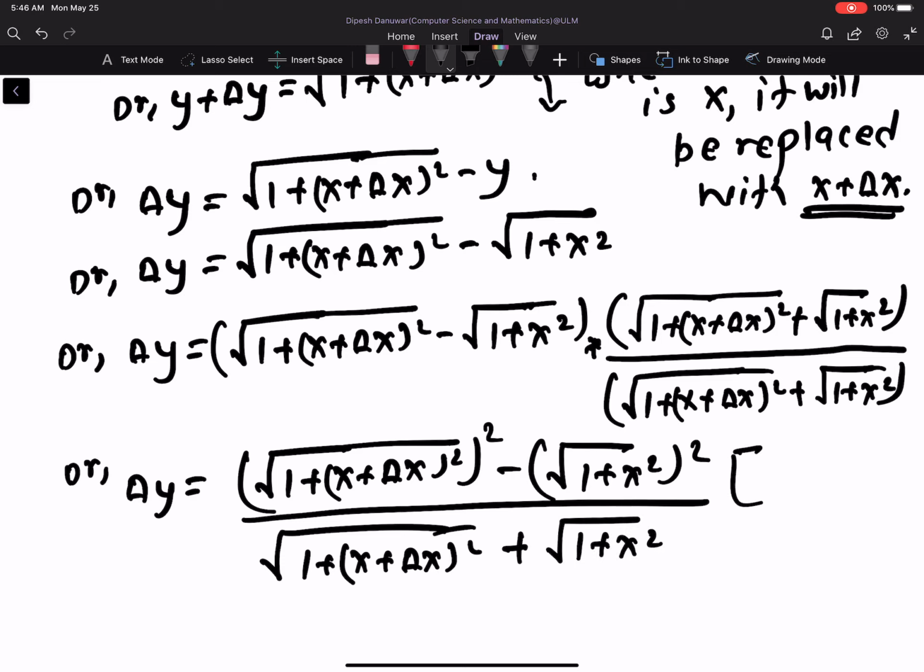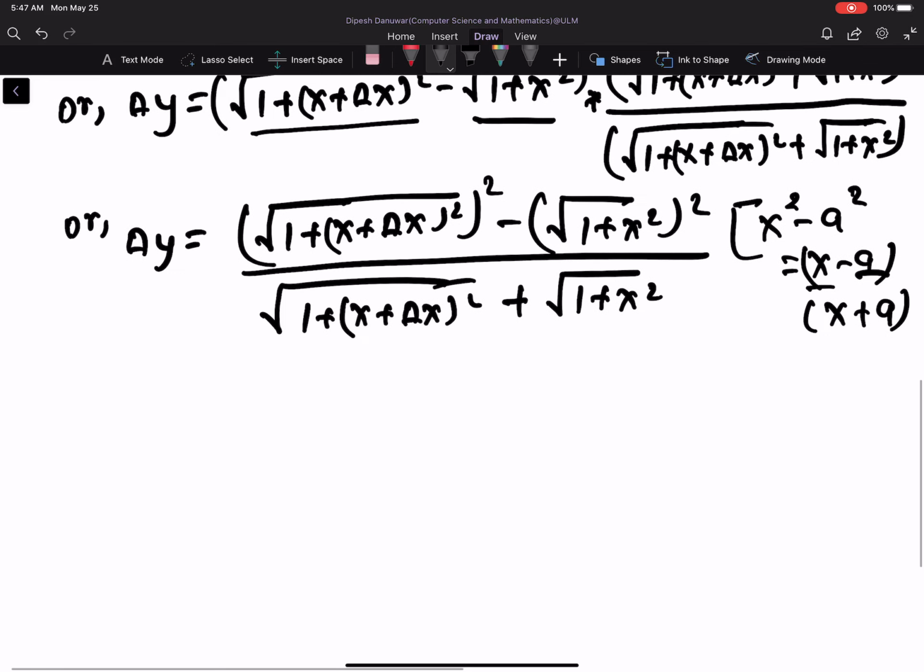Here we are using x squared minus a squared is equal to (x minus a)(x plus a). Here your x is this part and your a is this part.